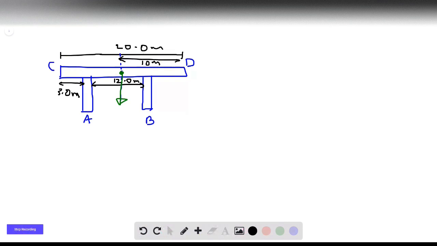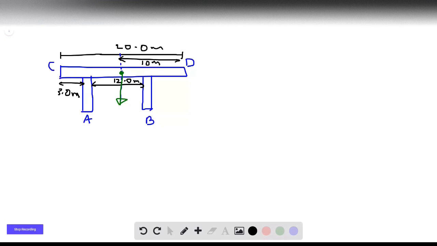And the distance from wall B up until the center. So if the distance from here up until here is 10 meters, this whole distance up until here is 15 meters. So from the left edge C up until wall B, that distance is 15 meters.